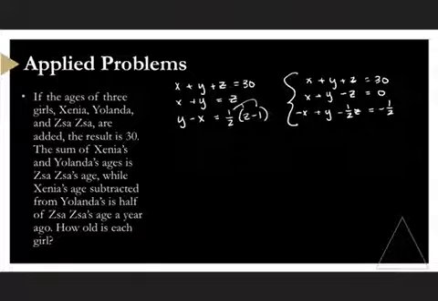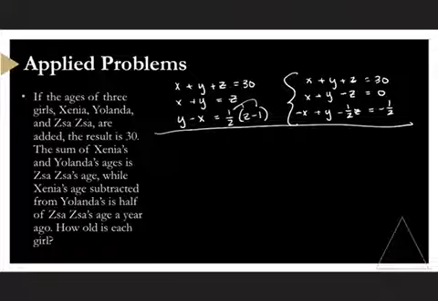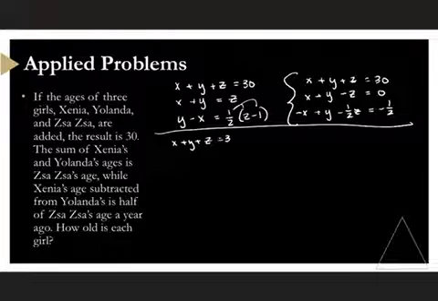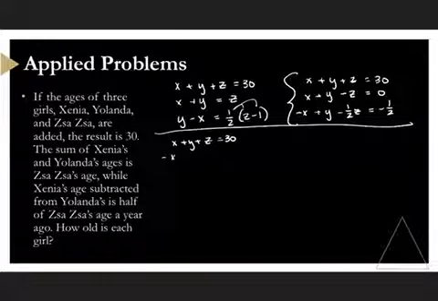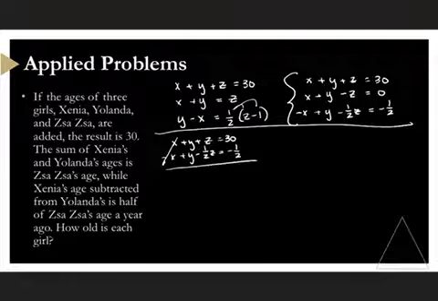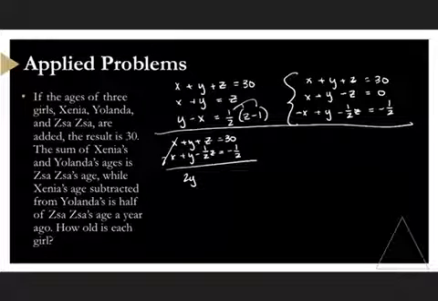Okay. Kind of looks like I can get rid of the x's without having to multiply anything, so I'm going to go ahead and do that. So x plus y plus z equals 30. Negative x plus y minus 1/2 z equals negative 1/2. So our x's cancel. I've got 2y plus 1/2 z equals 29.5.